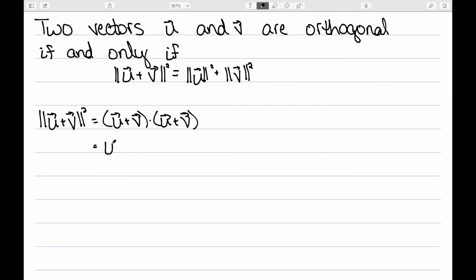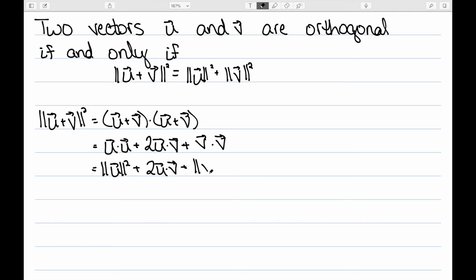Using the distributive property, I can change this to u dot u plus 2u dot v plus v dot v. u dot u is by definition the length of u squared, plus 2u dot v, plus v dot v, which is the length of v squared.